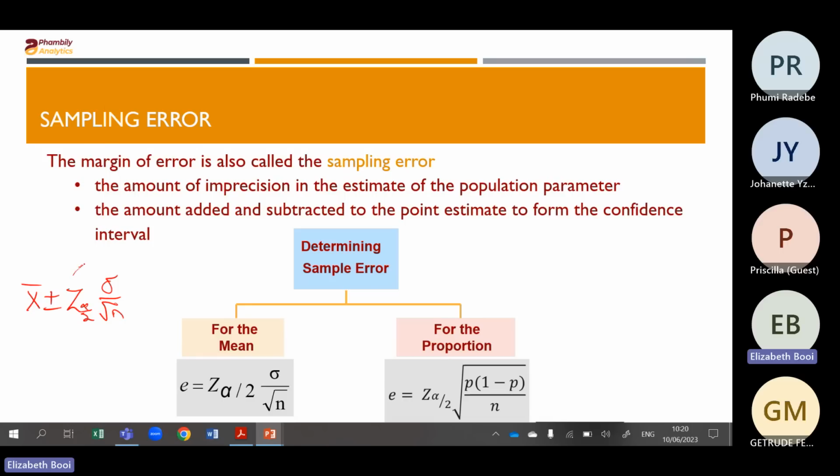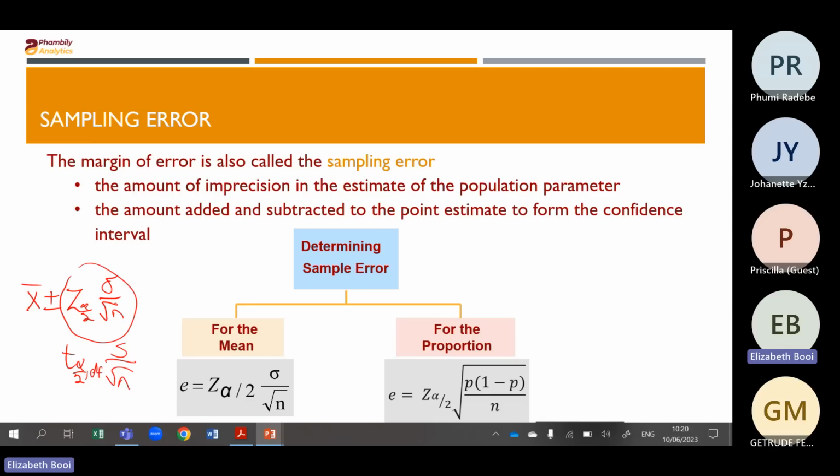So this whole section here on the equation, they will not give it to you in the exam also as well or anything like that. You just need to remember that when looking at the confidence interval formula, only this last part after the plus or minus, it is what we call a margin of error or a sampling error. Also, if this was for the T, you will also use T alpha divided by 2 and the degrees of freedom, and your S divided by the square root of n.